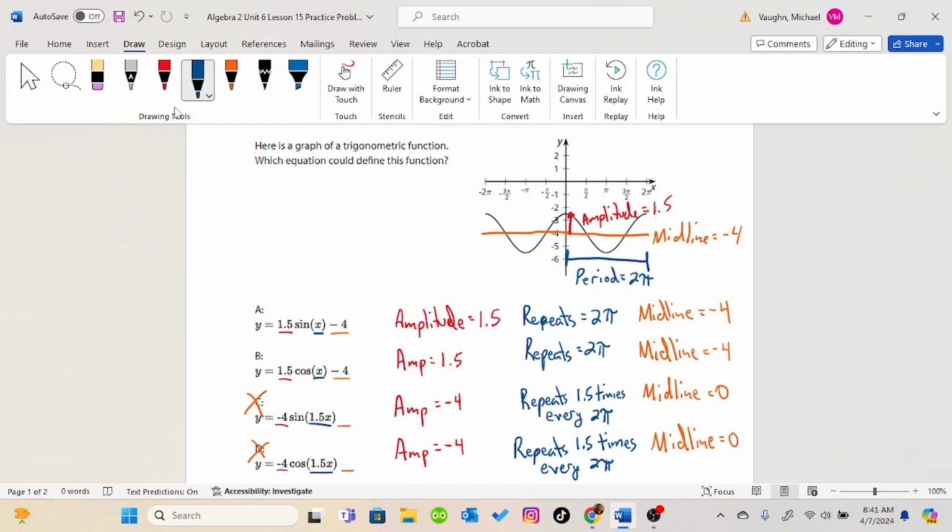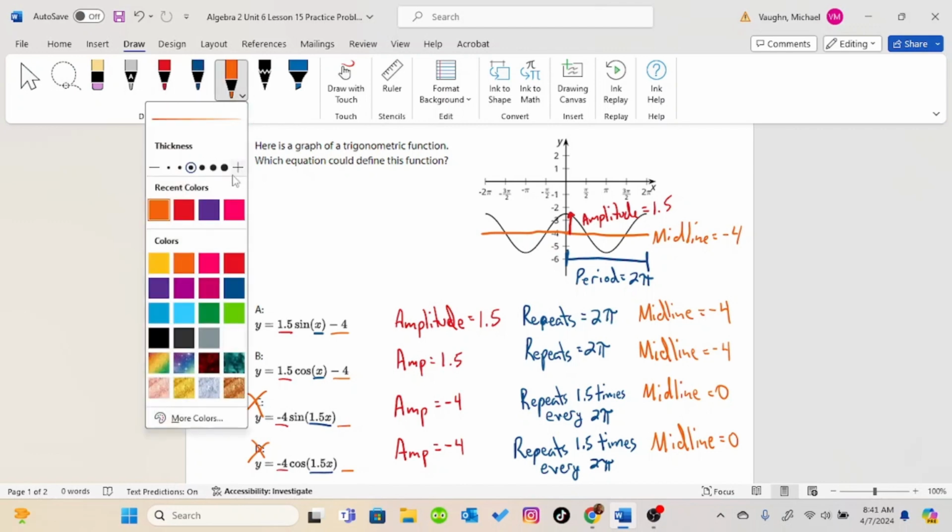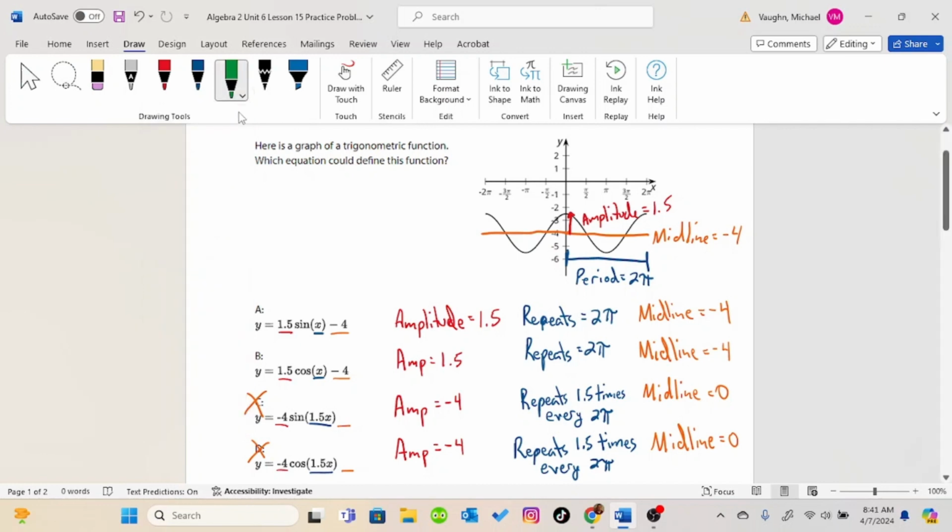Now we have to decide whether this is sine or cosine. If we shifted this up, it would be starting at 1.5, which means the normal would start at 1. Cosine of 0 equals 1, sine of 0 equals 0.